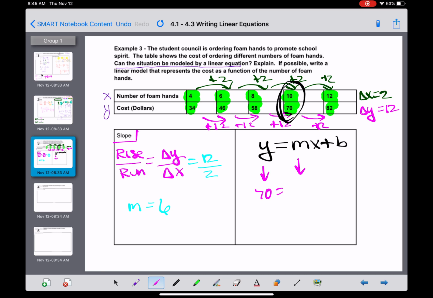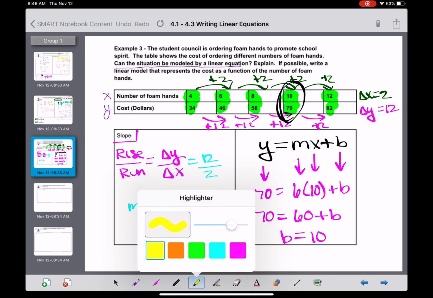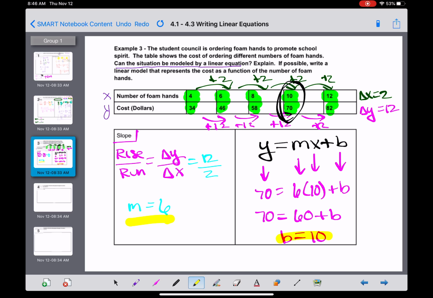That's equal to my slope times the x value of 10, and we're trying to figure out b. When I simplify, I multiply through, and then I subtract my 60 from both sides to get 10. Now that I have the slope and the y-intercept, I can write my line, y equals 6x plus 10.